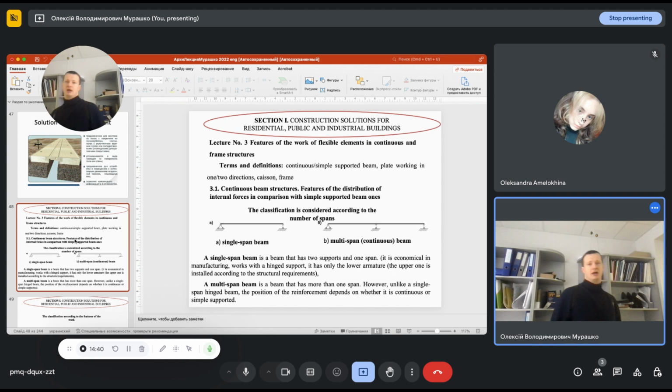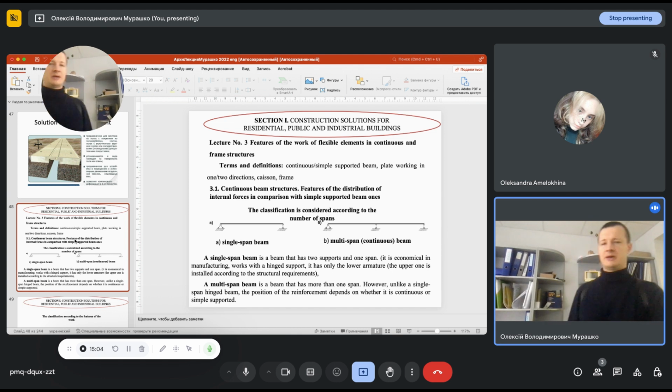So during this lecture we will consider the difference between the behavior of continuous beam structures and the distribution of internal forces compared to the simple supported beam.